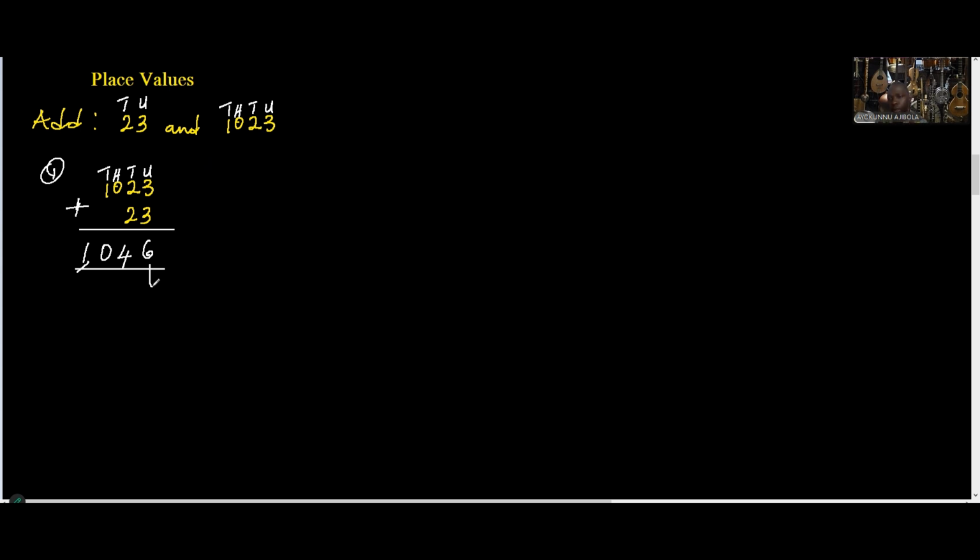So 1046. We can also encounter how to use a place value chart. So this is the units, the ones, and this is tens, and this is hundreds, while this is thousands. So we could be given numbers that are more than that.